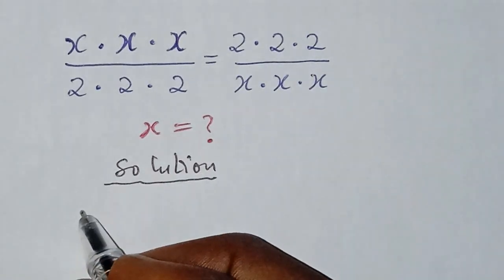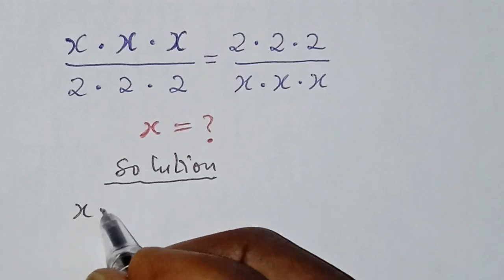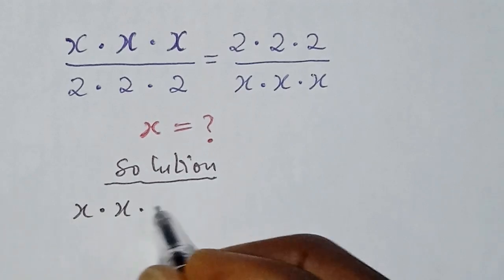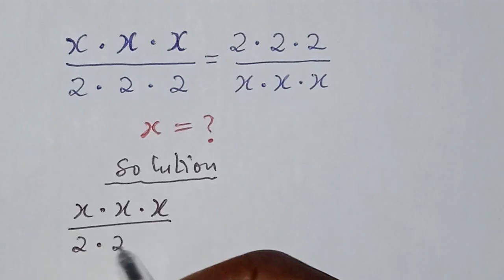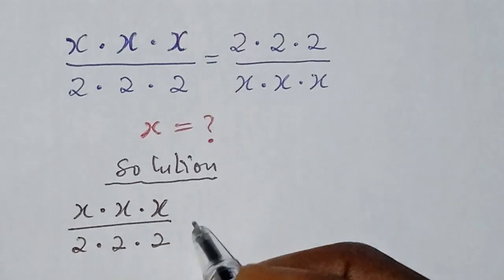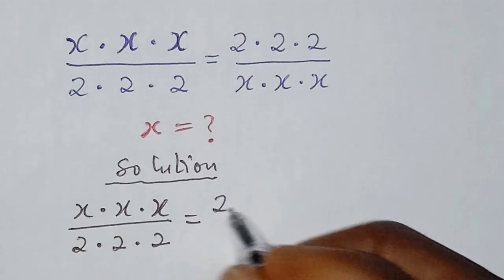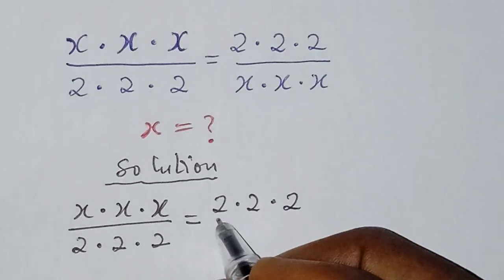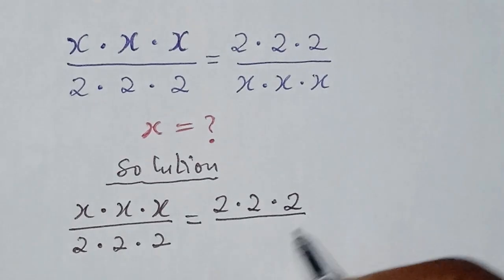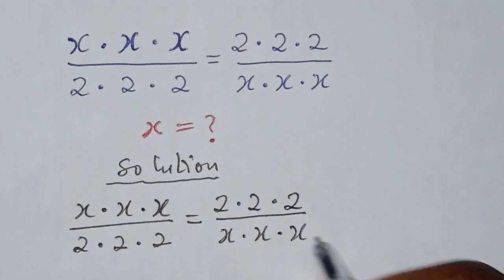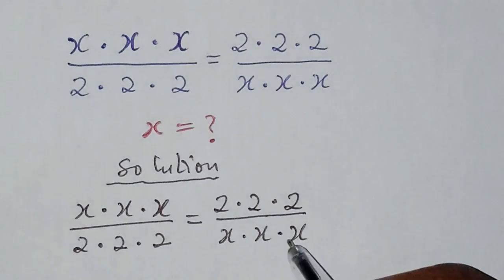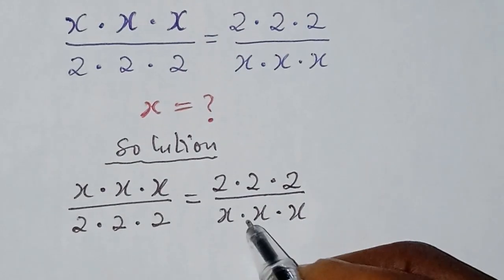So from our expression we have x multiplied by x multiplied by x over 2 multiplied by 2 multiplied by 2 equal to 2 multiplied by 2 multiplied by 2 over x multiplied by x multiplied by x. So over here, this is our question.